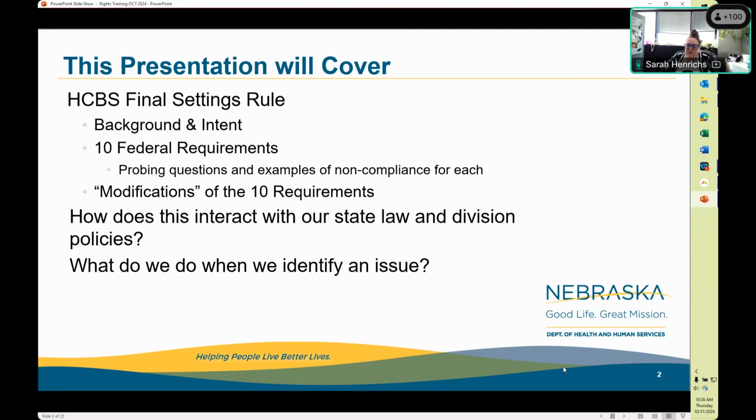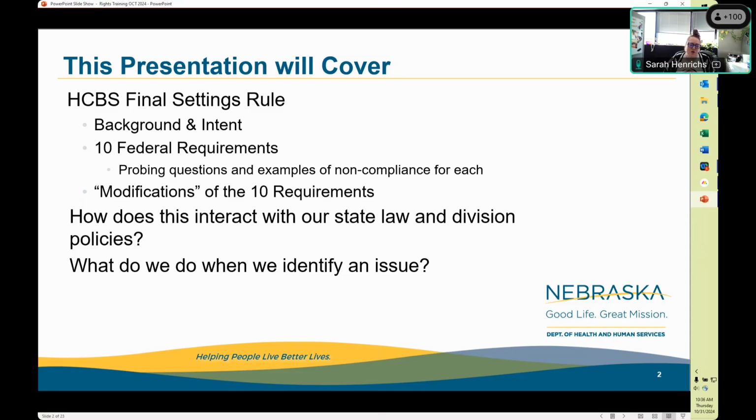And the reason we're talking about this in terms of rights is because the final settings rule, you'll find that a lot of it fits in with or kind of dovetails with some of our policies around participant rights.